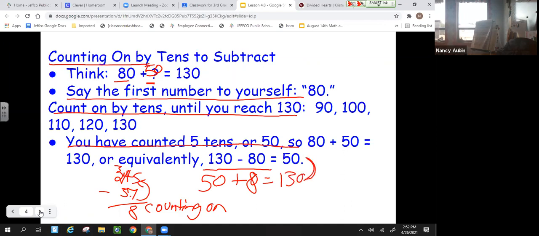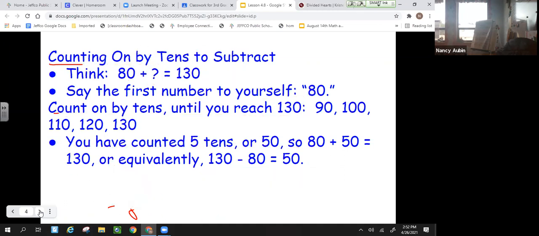Do you see that relationship? Yeah. We're supposed to use that to help us. Yes? So you can count on by 10 to subtract. I don't know what 130 minus 80 is, but I can sure count on 80, 90, 100, 110, 120, 130. It's 5 tens. Pretty easy.